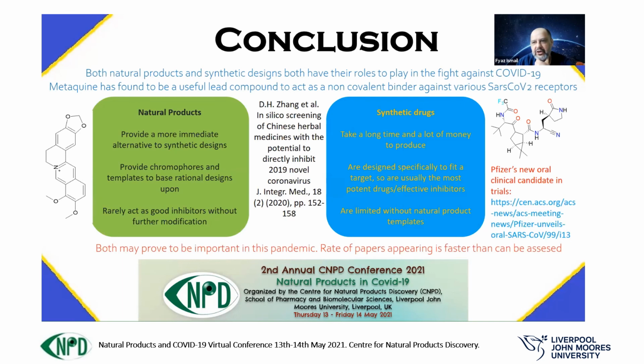And this may be the new oral candidate that may be useful for combating the current strains, but it may be ineffective against drug-resistant strains. So we think natural products could be important in terms of repurposing, but we've yet to find a compound with that sort of nanomolar activity that we need.